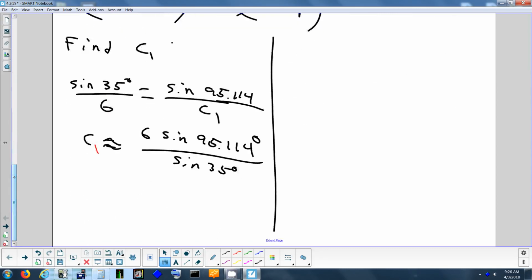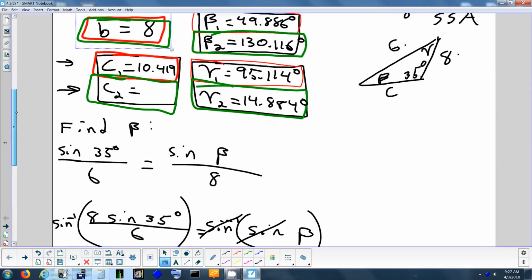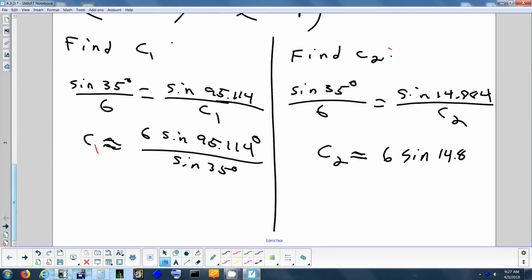Okay, so we'll start the same way. Sine 35 over 6 equals sine 14.884 over C2. Now I'll just cross multiply and type it in. So 6 sine 14.884 over sine 35.